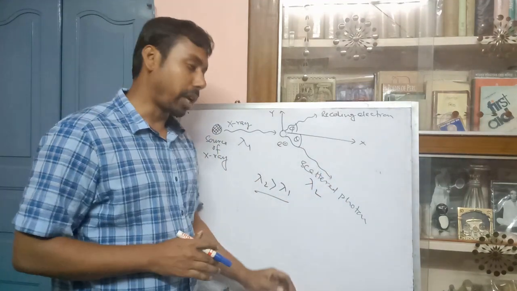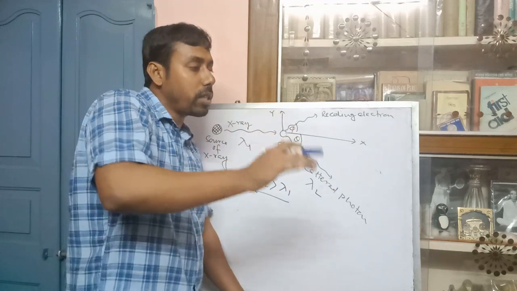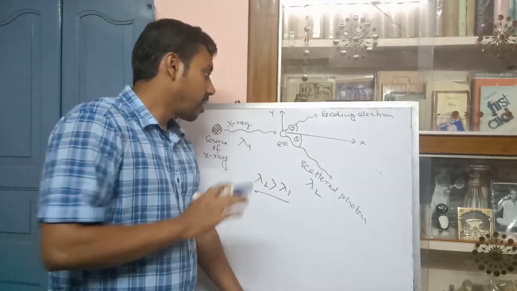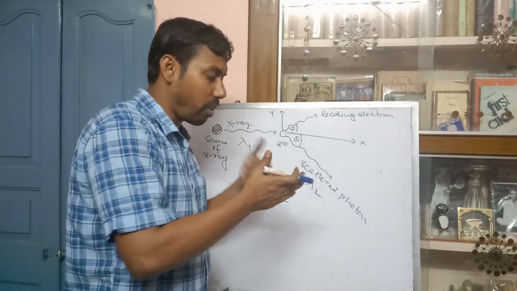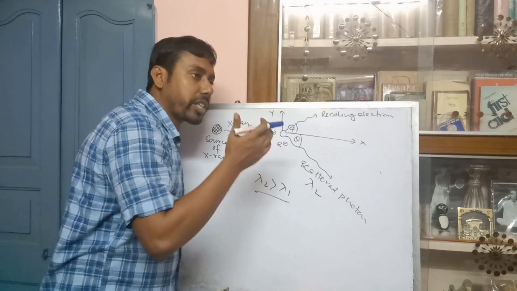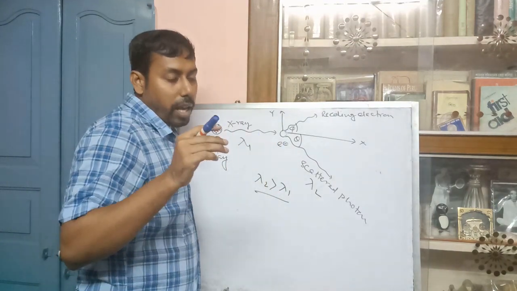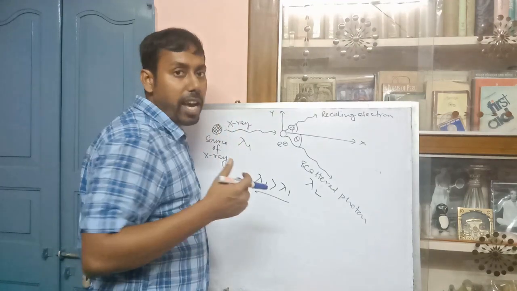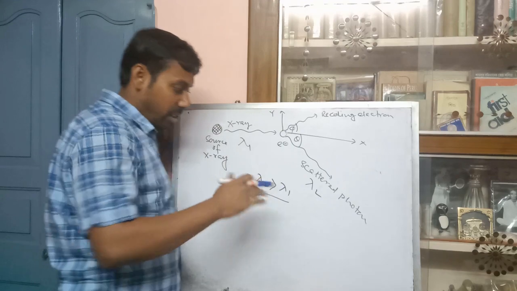So this phenomenon cannot be explained using the classical theory. What does classical theory say? Classical theory says that if light falls on an electron, as this is a very high energy radiation, and the electron is bound.